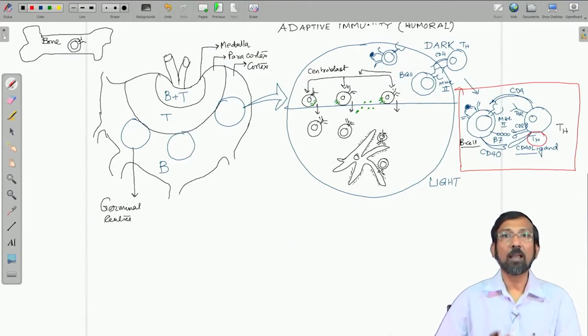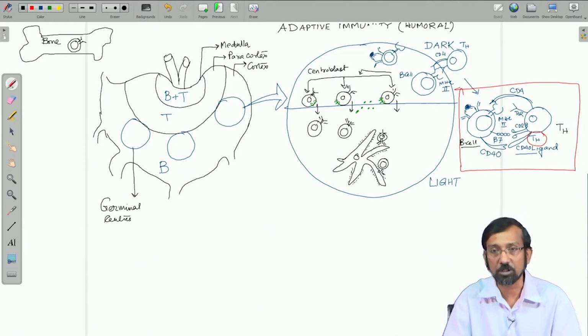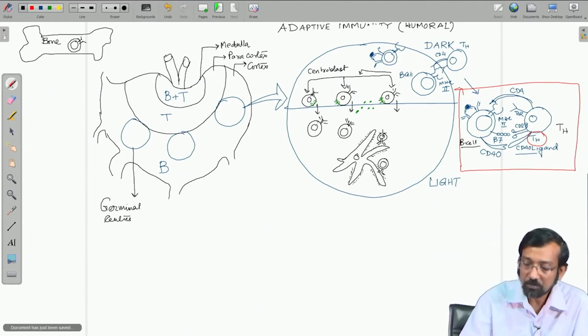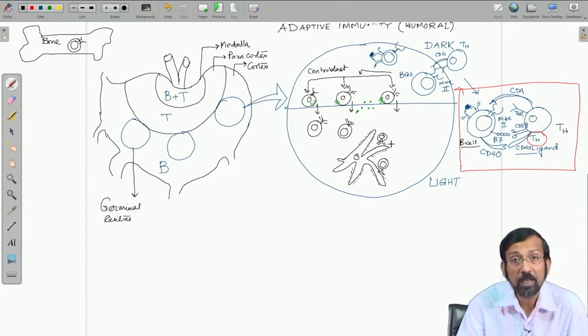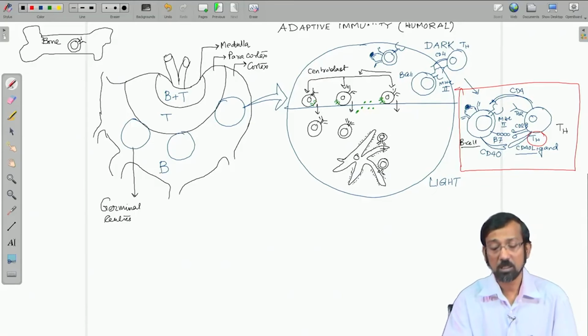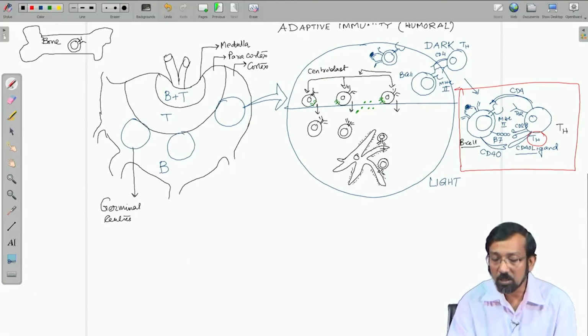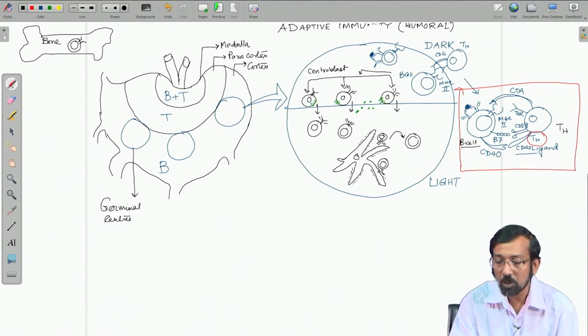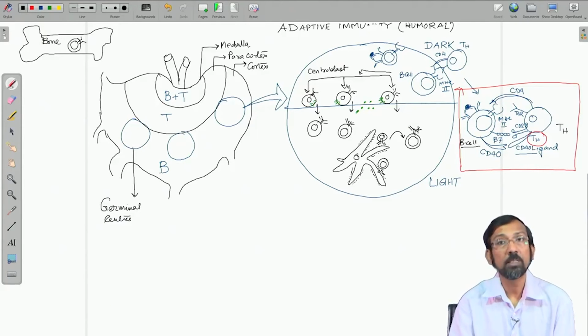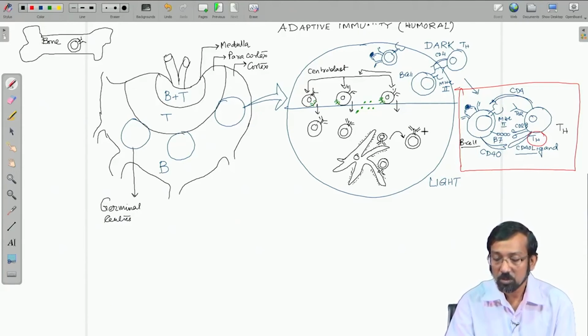So, now there will be an affinity based selection, and depending on their affinity, only those B cells expressing antibodies having high affinity for the antigen will be selected.